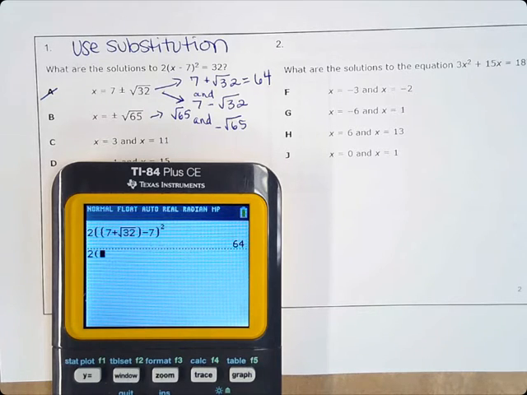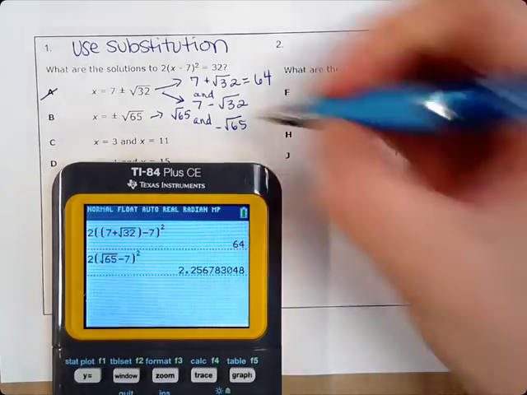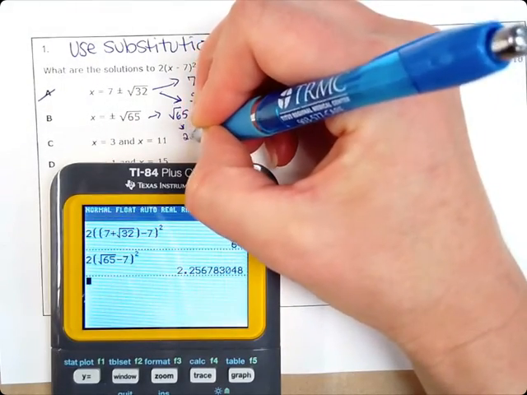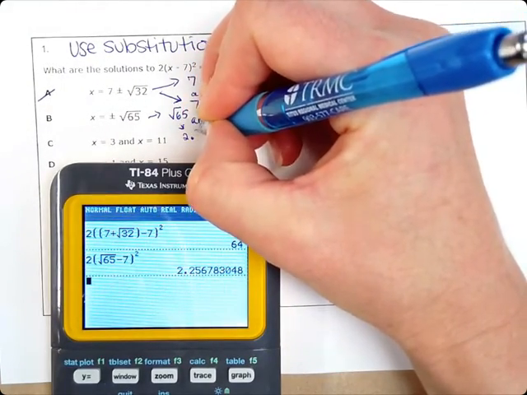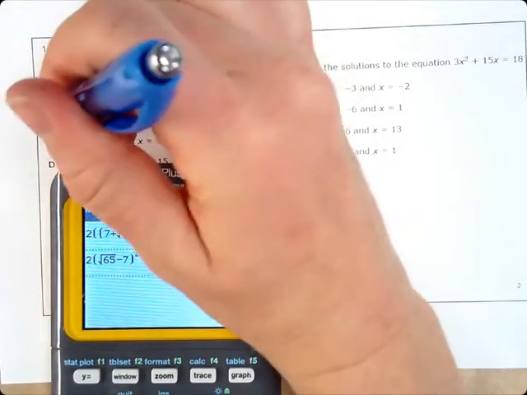I need to put in square root of 65 minus 7 squared. Y'all check each other, see if you did it correctly. So that one came out to be like 2.3. And it's supposed to be 32. So we know that's not it.